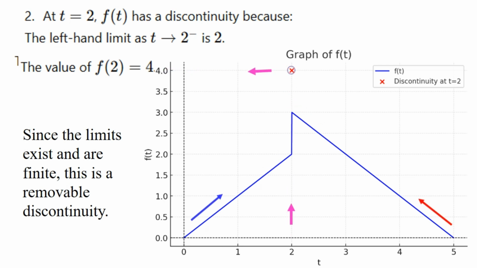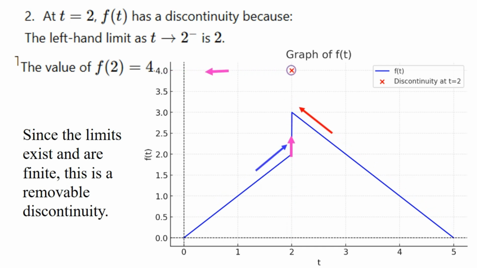Look at the blue arrow: it is tending to 2 as t tends to 2 from the left. And the red arrow is for the right-hand limit, as t tends to 2 from the positive side, from 5 to 4 to 3, the function f of t is tending to 3. But at 2 the value is 4.